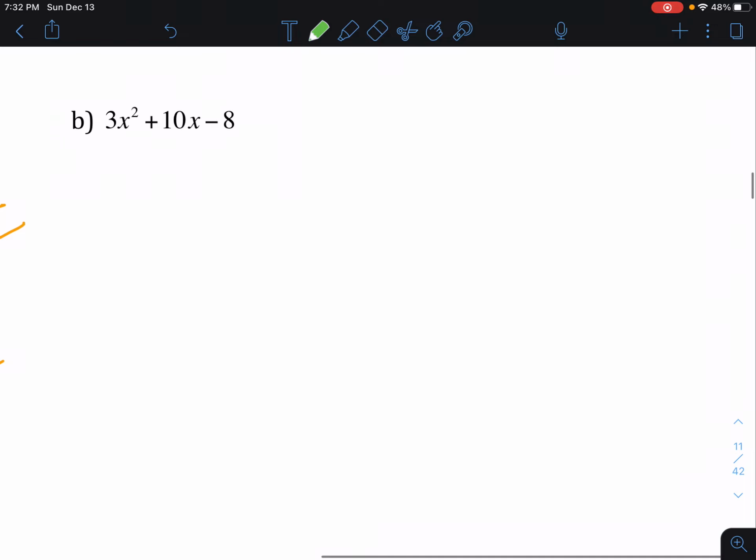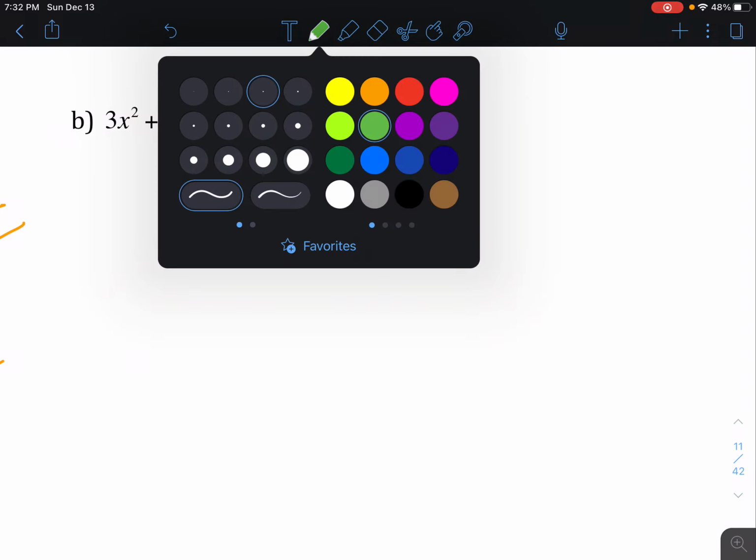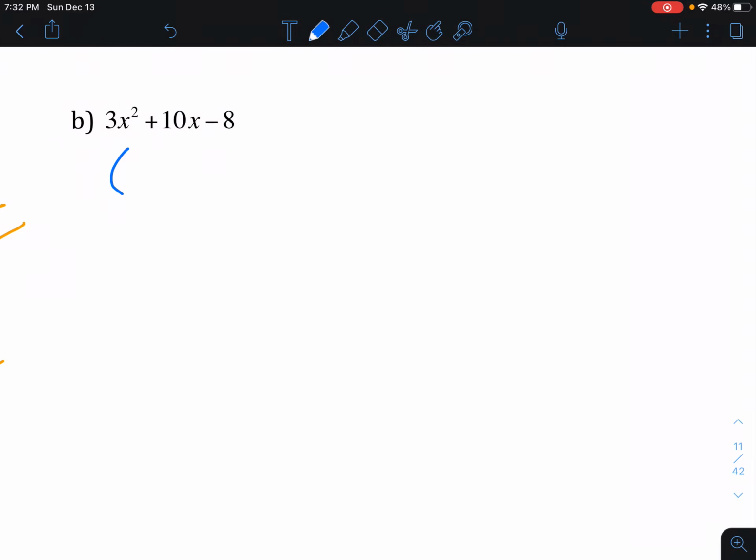All right, letter B. So the signs, the C is a minus, so that's got to be plus minus. Again, there's no excuses, guys, for getting signs wrong. Absolutely never, never, ever should you get signs wrong. Please make sure you're referring to the notes. You get signs wrong, you're doomed.